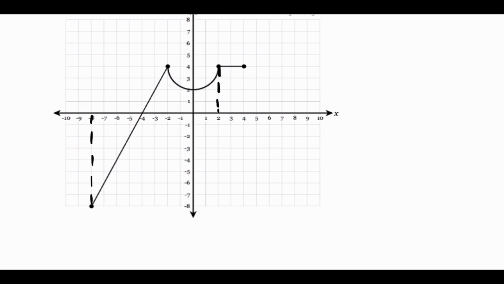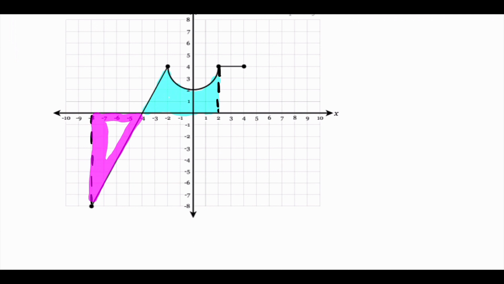So let me shade the area that they want. So first of all, they want this area here under the curve, right? Under the curve up to 2. That area, the blue area, is going to be positive because it's above the x-axis. The other area, I'm going to have to shade up because it's below the x-axis.